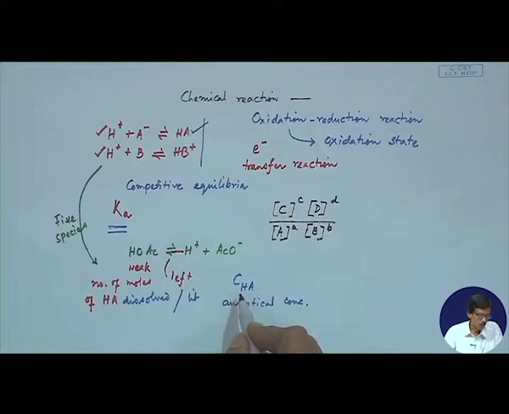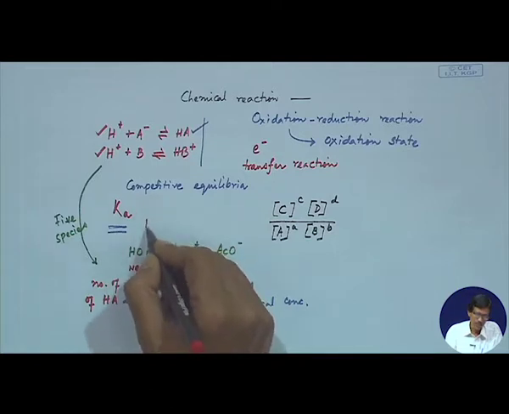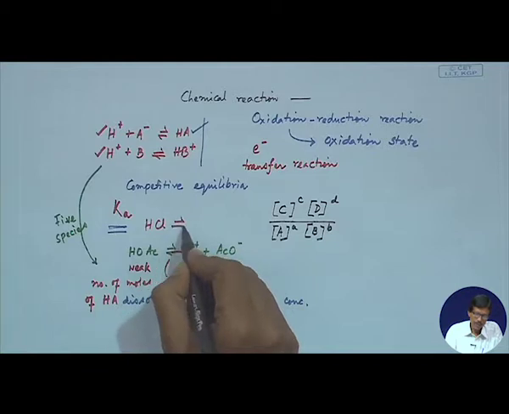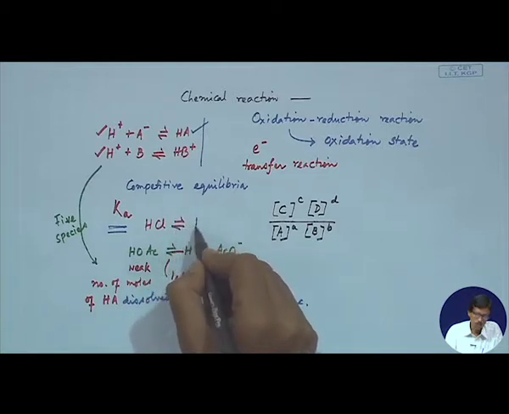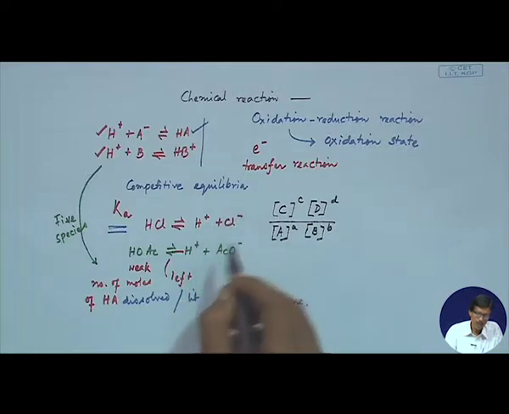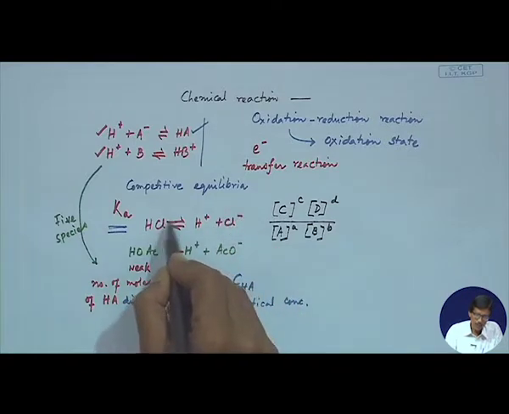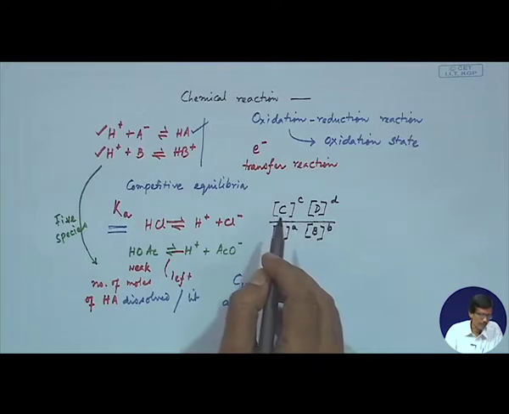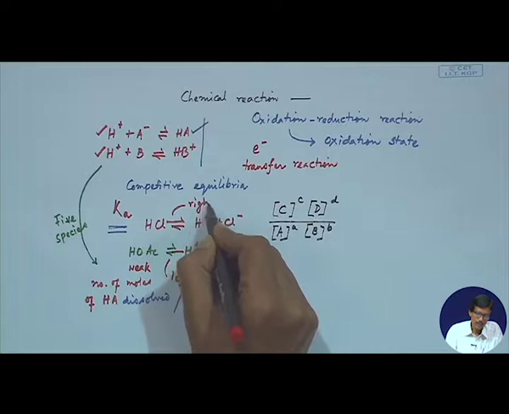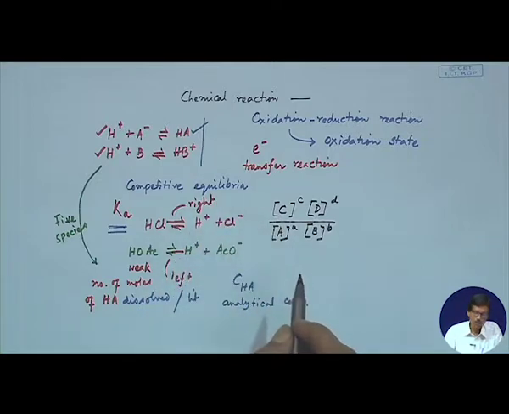Compared to your hydrochloric acid, as I told you in our previous class, which is completely dissociated. If you have HCl, this HCl can give rise to H plus and Cl minus, and this is going more on the right hand side, lying far to the right.